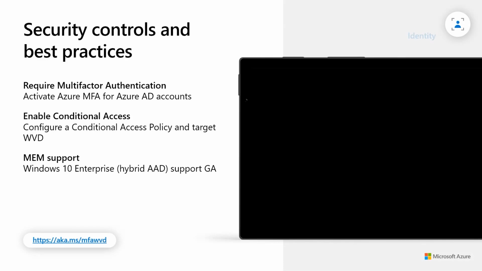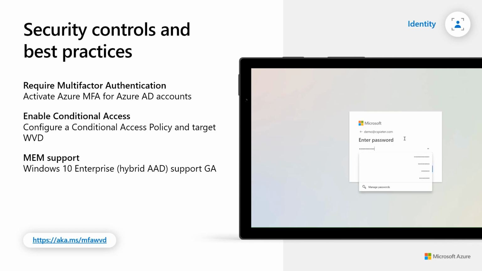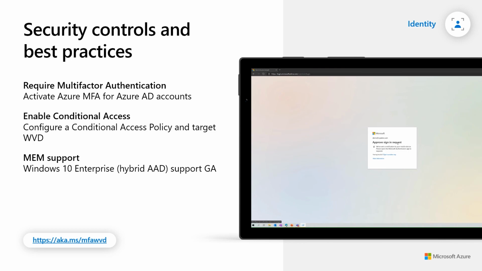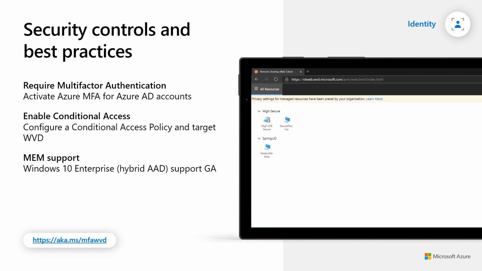So let me go over the conditional access part a little bit further. This really calls out activate Azure MFA for Azure AD accounts, which is a long way of saying use MFA, use MFA, use MFA. People familiar with Microsoft should have this between their ears already. But to my point earlier, if you cannot control the device that is accessing, you may want to spend some extra time on this.